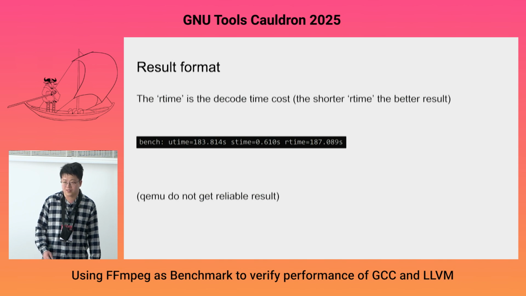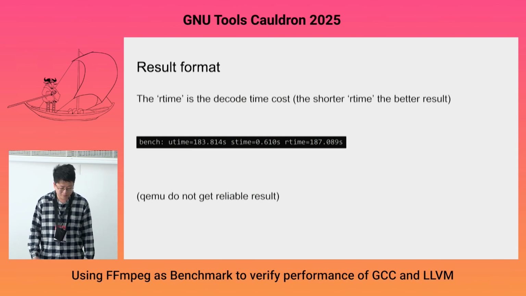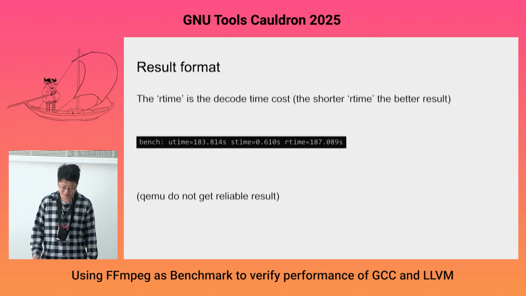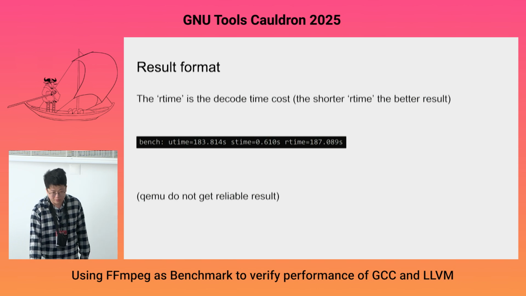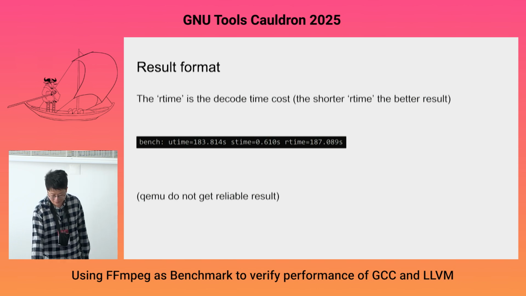It shows how long FFmpeg took to decode. We also can use QEMU to get the result, but it is not reliable if you use a simulator. So you should just use a real board.